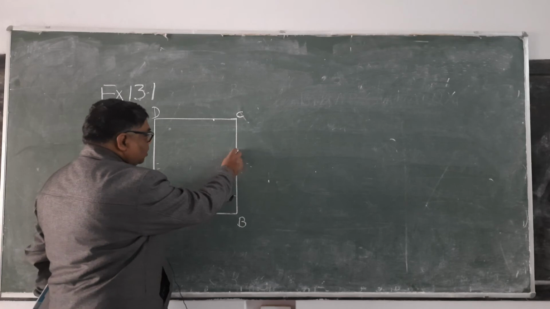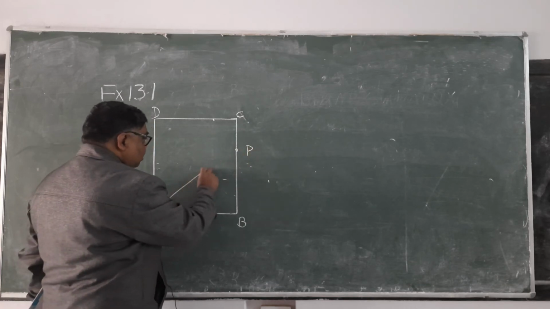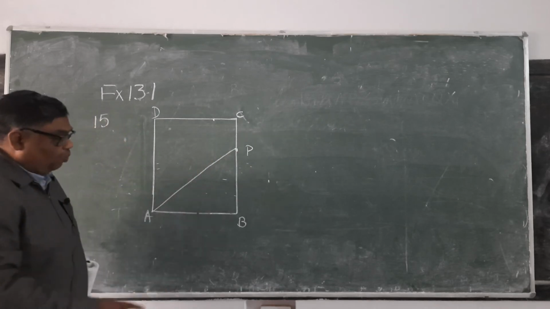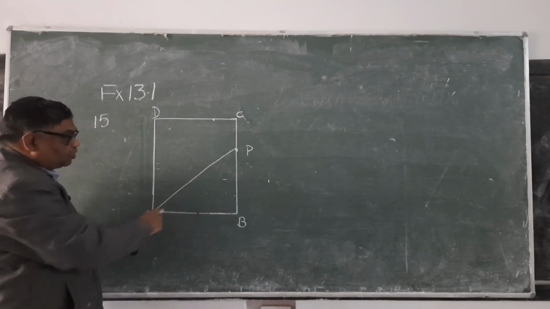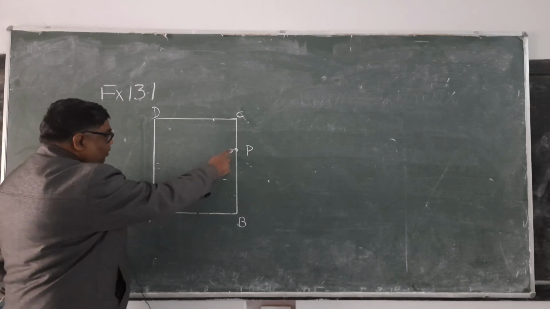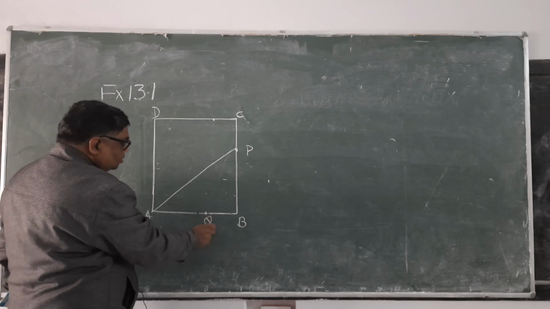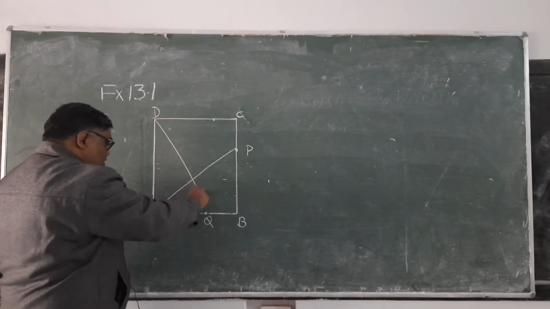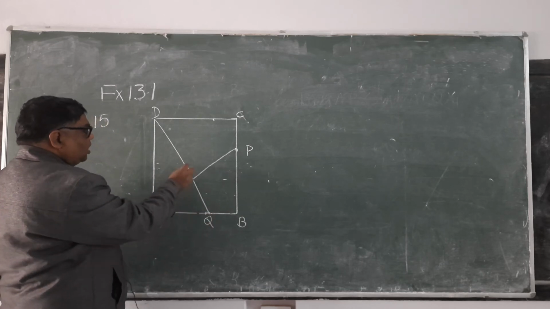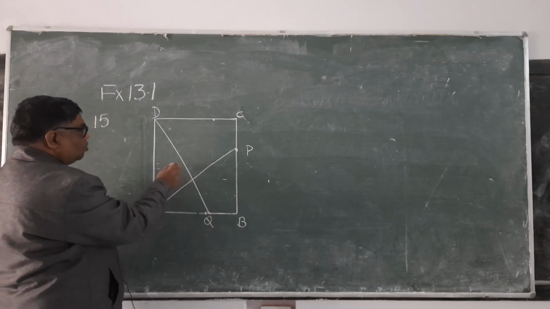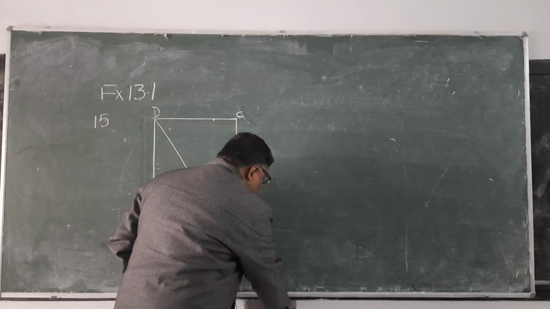Now see here. P point यहाँ पर है. And this is the AP. Q point is on AB. और Q point की position ऐसी है so that AP and DQ both are equal. Means this is Q. This is the DQ. It is clear? Here AP is equal to DQ. ये थोड़ा, this is not like a square.